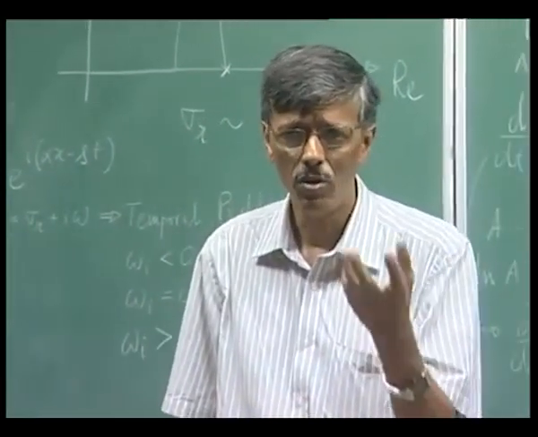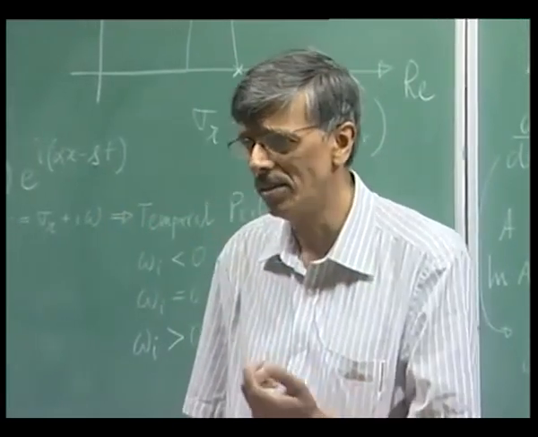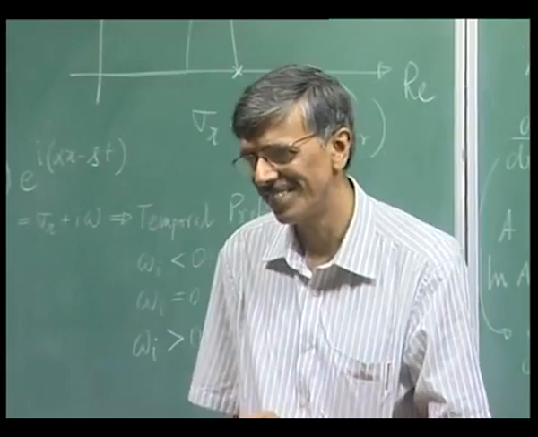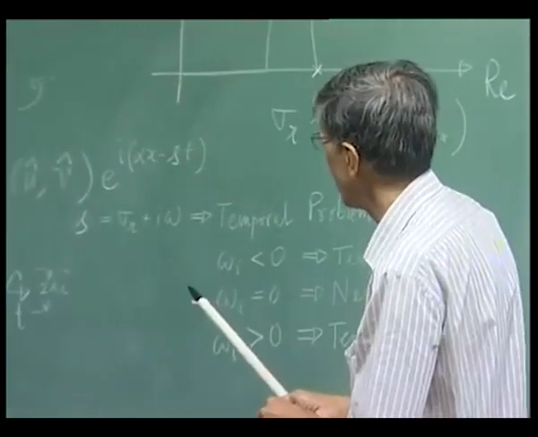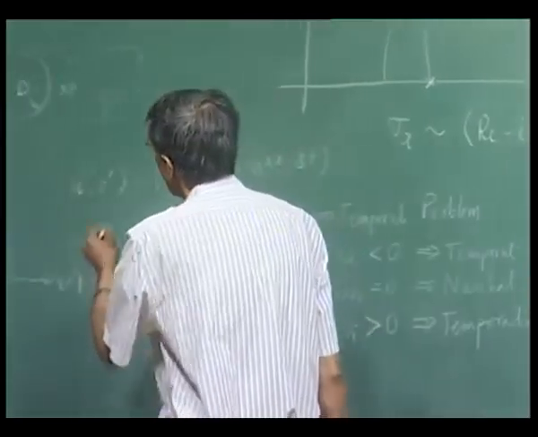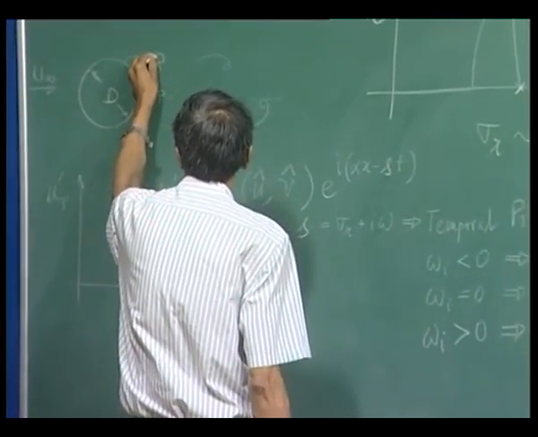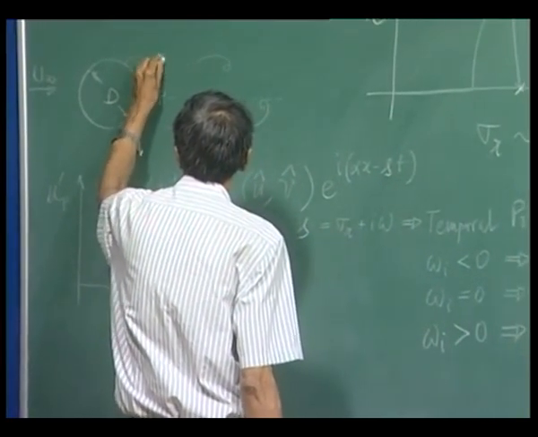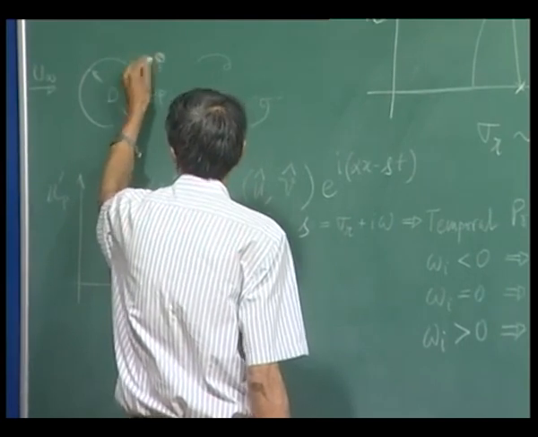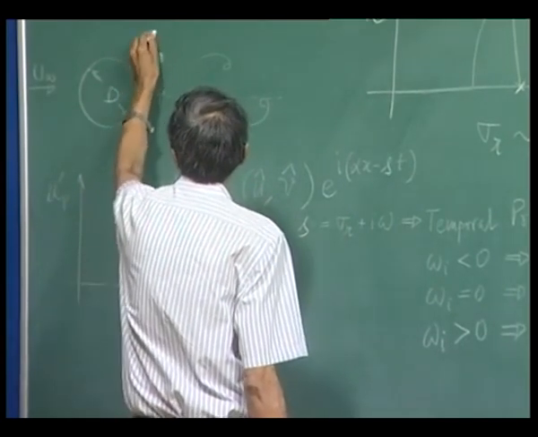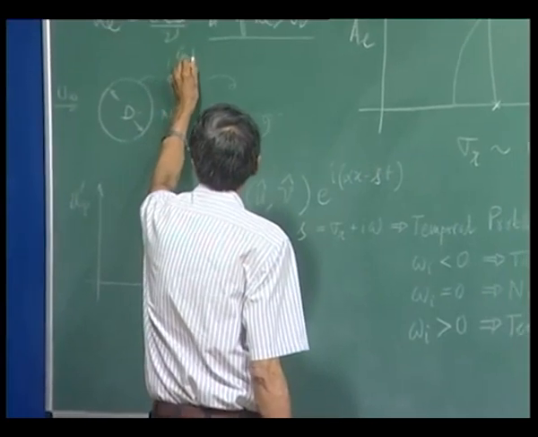What they did was, if you have a cylinder, in its wake you put a smaller cylinder. So basically, we are talking about putting another cylinder here somewhere. They did investigate. So this is the main cylinder, and we have this. So this, we'll call a control cylinder.